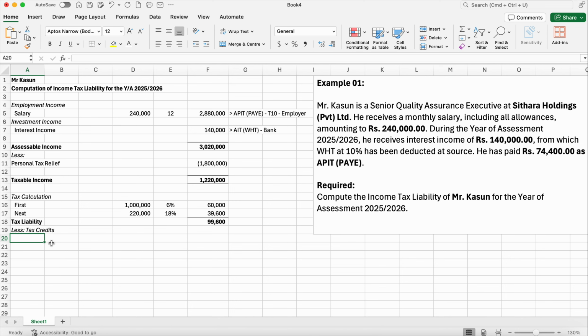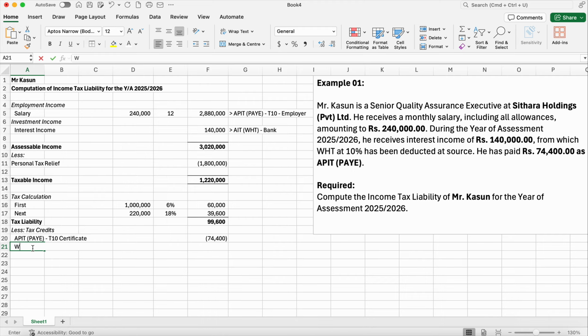The first one is advance personal income tax, previously known as PAYE. This is based on the T10 certificate issued by the company. It is given in the question anyway, even in the exam or a practical scenario, so you can deduct that based on the T10 certificate.